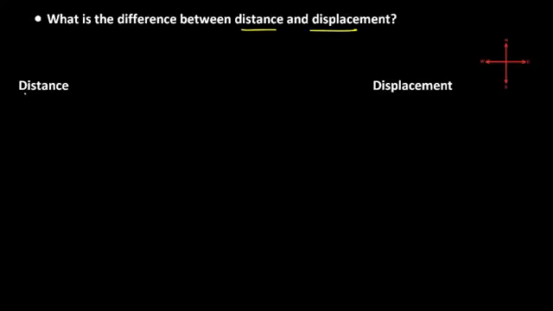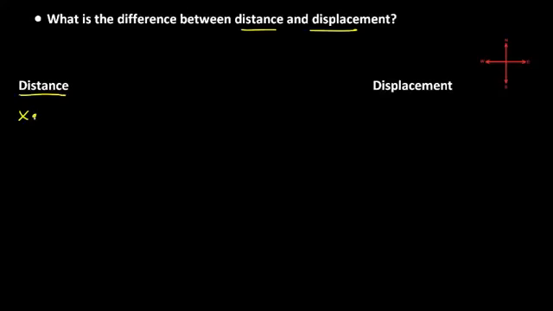Let's first of all take a look at some examples of distance. Let's suppose that you start at point X. That, by the way, has a name. That starting point is called the origin.